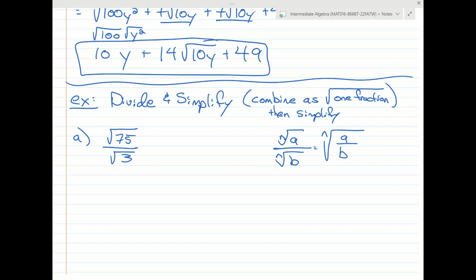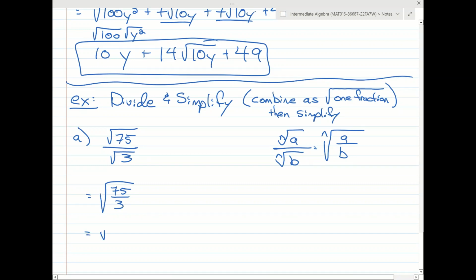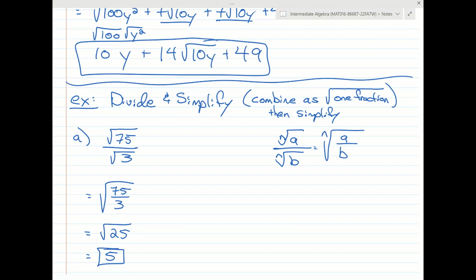If you have one fraction, you could split it up into two separate ones. So what I'm trying to say is we could just make this the square root of 75 over 3, which is the square root of 25, or just simply 5. So it looks kind of complicated the way that it was, but if we just simplify, it's simple.